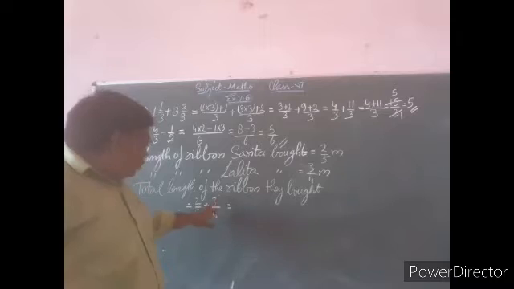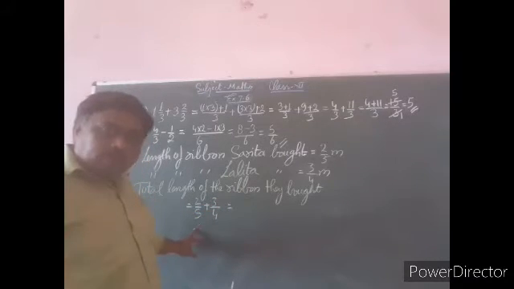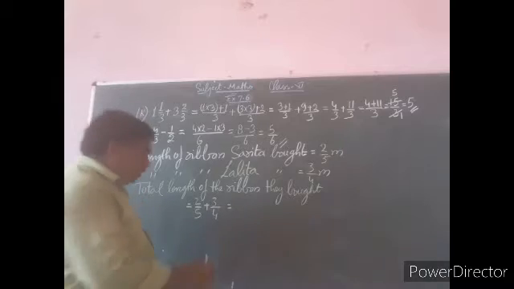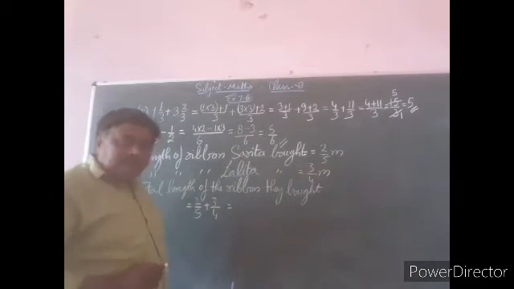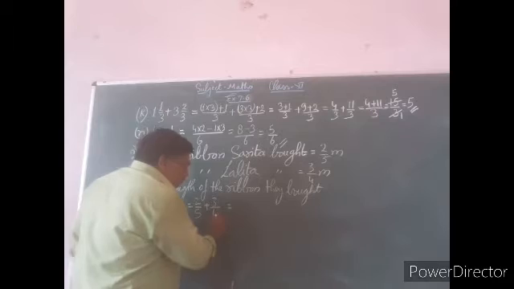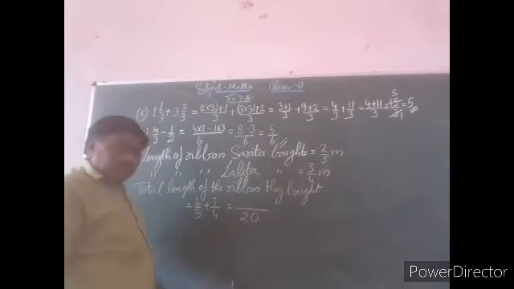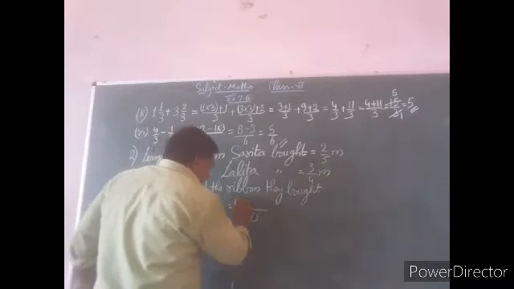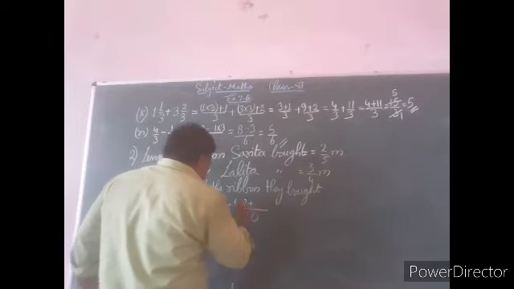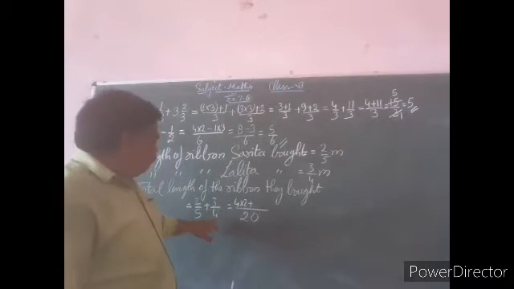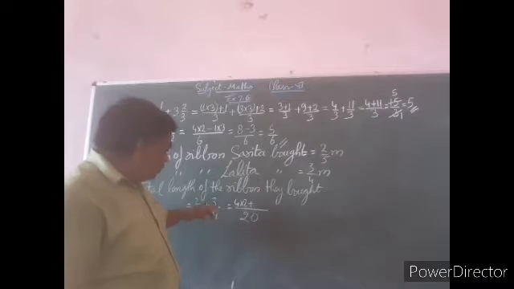2/5 plus 3/4. Here the denominator is different. Take the LCM. 5 4s are 20. Now 20 divided by 5, it is 4. 4 into 2. Now here 20 divided by 4, it is 5.